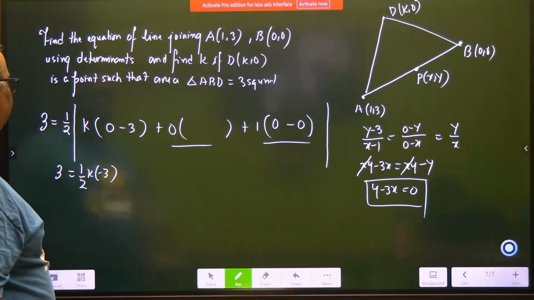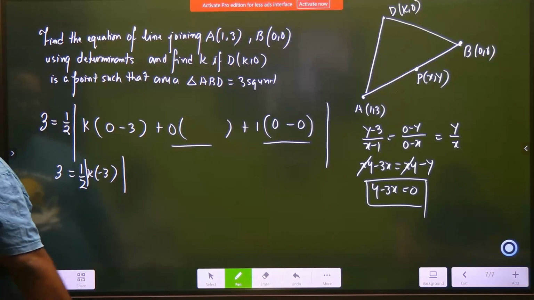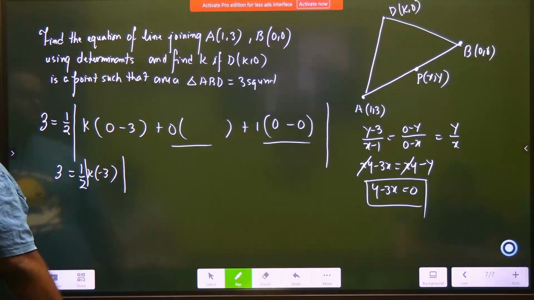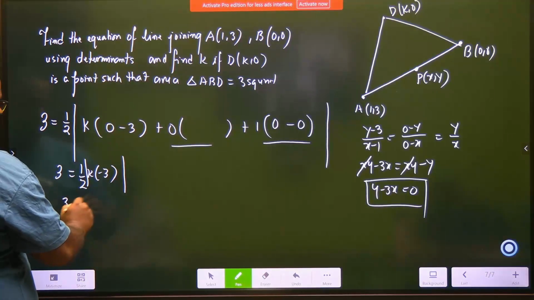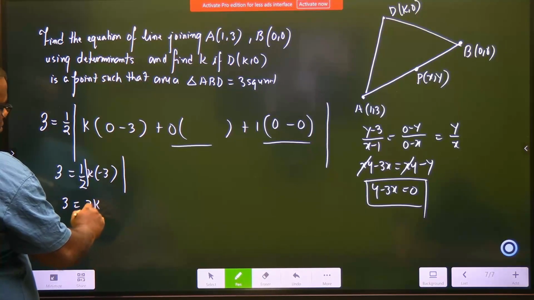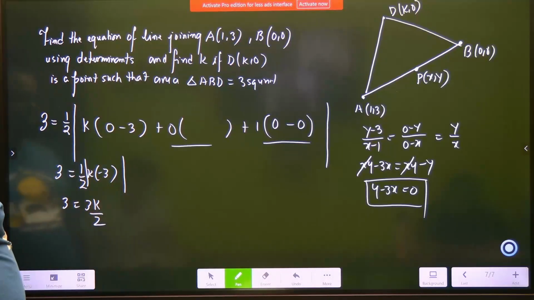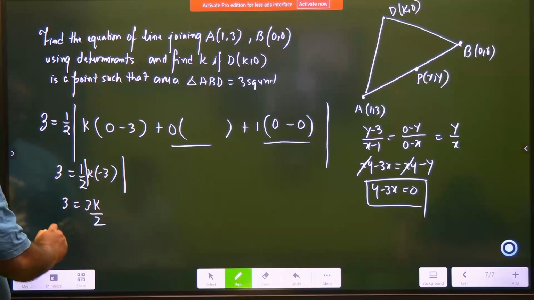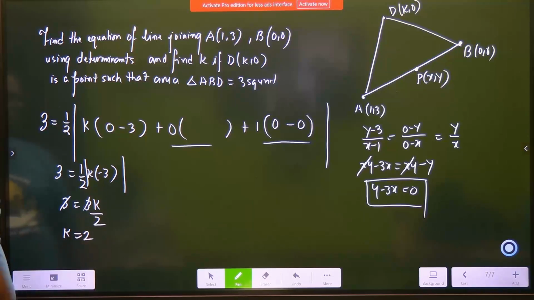Agreed, children? But this is in modulus. So we can write 3 is equal to 3K by 2. So 3 and 3 cancel, K equal to 2.